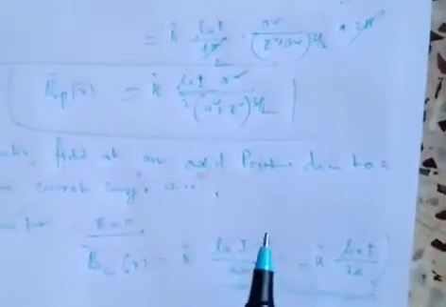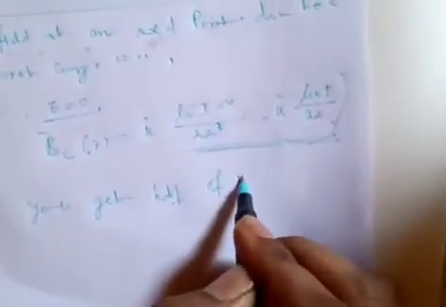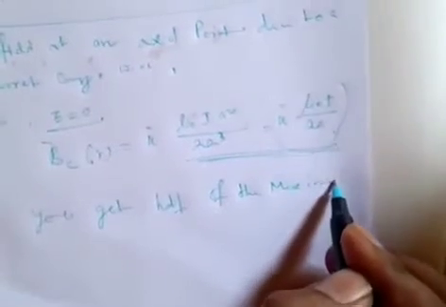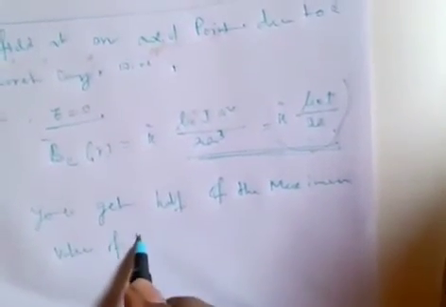And if you want to calculate when this will go to 0, an interesting homework is when z equal to a, if you put z equal to a in this expression, you get half of the maximum value of the field. What will be the maximum field? It is nothing but the BC. BC is the maximum field. When you put z equal to a, this is half of the field. So all these problems are correlated to each other.